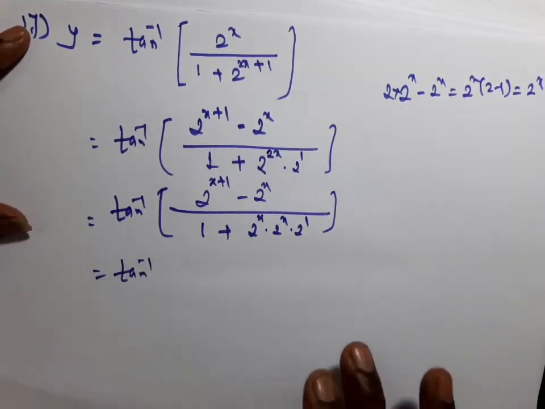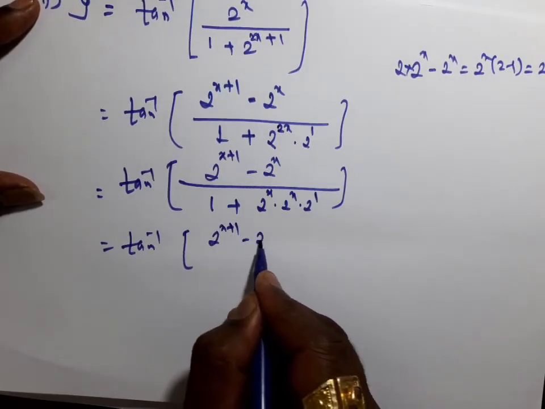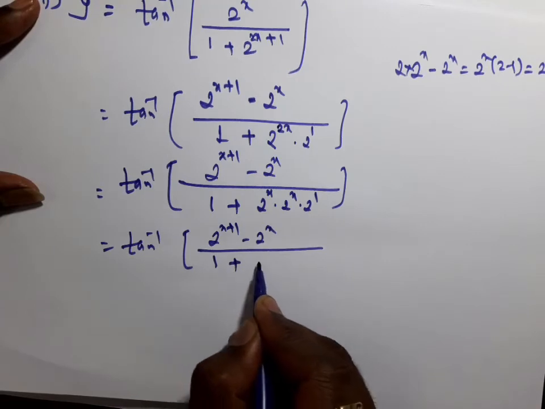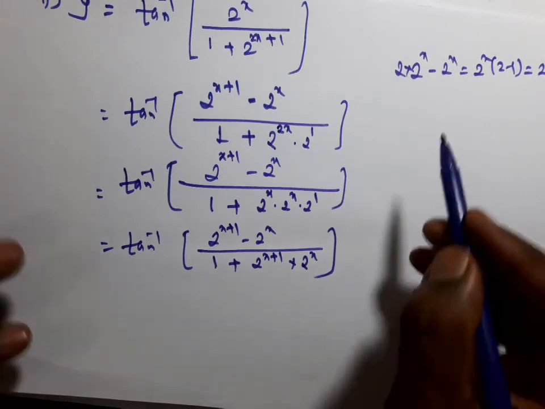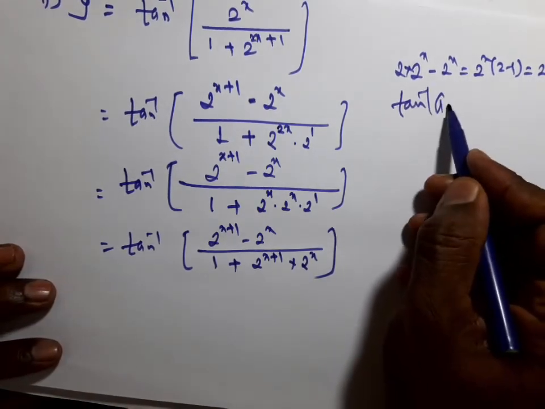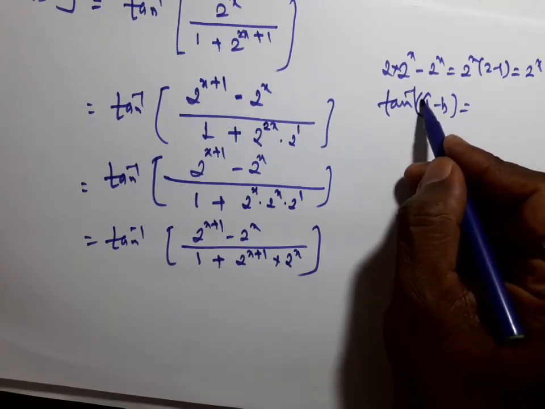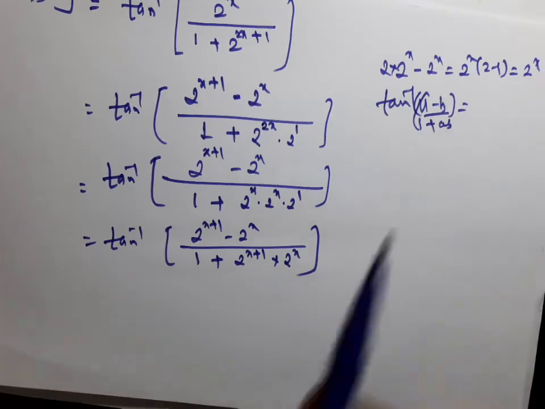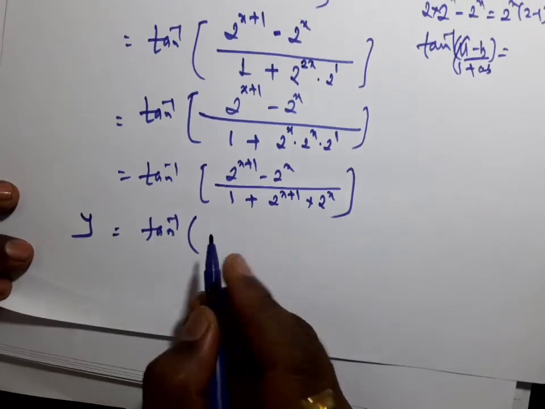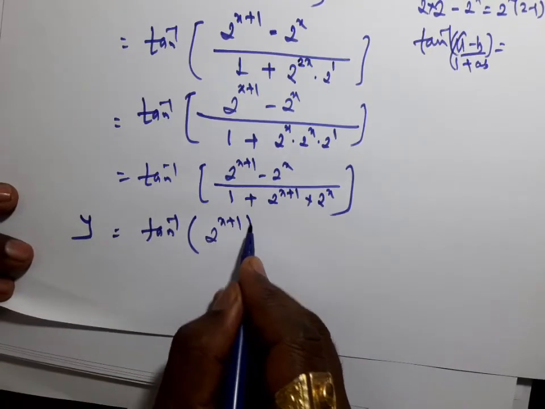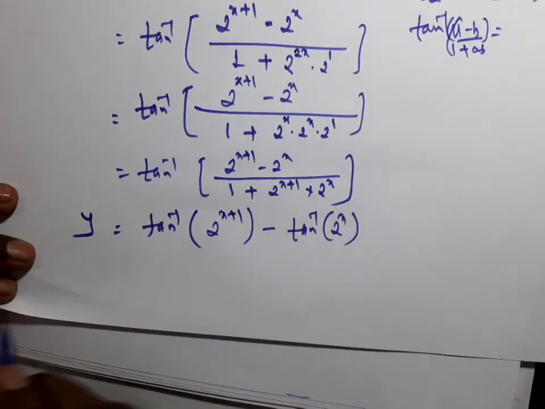So this will be 2 raised to x plus 1 minus 2 raised to x upon 1 plus 2 raised to x plus 1 into 2 raised to x. So this is the formula tan inverse a minus b upon 1 plus ab. This is tan inverse of 2 raised to x plus 1 minus tan inverse of 2 raised to x.